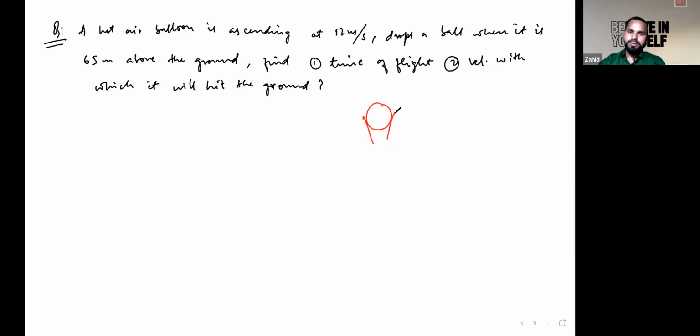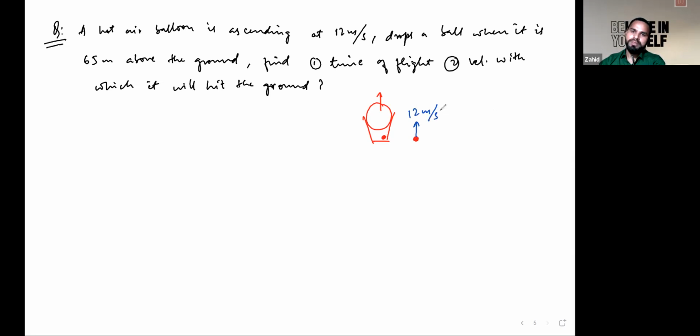Let's say this is your hot air balloon, which is going up with some initial velocity, 12 meters per second, and drops a ball at this point. So the ball will have an initial velocity equal to the velocity of the system, that is the hot air balloon, in the upward direction.